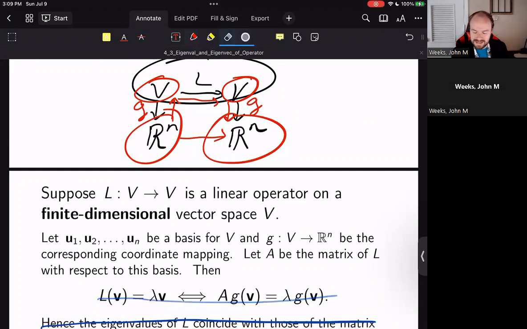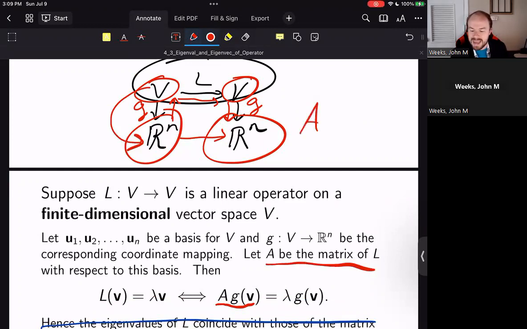We can look at this in terms of multiplying G of our vector V, so that's mapping from our vector space into Rn, and saying there is a matrix of L with respect to this basis, so it's going to be A times G of V, this G of V being something inside of Rn now, so we can form this matrix, equals lambda times G of V.